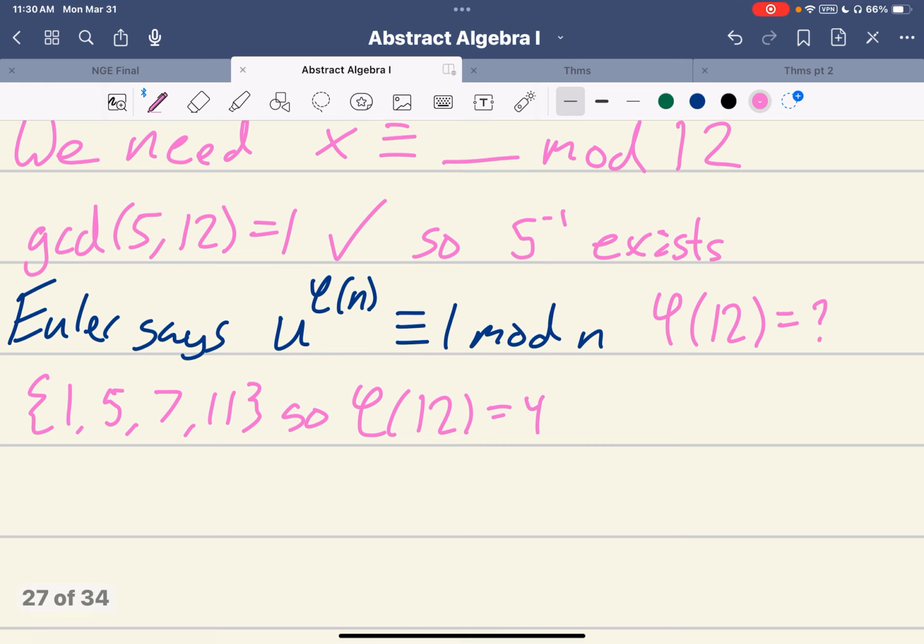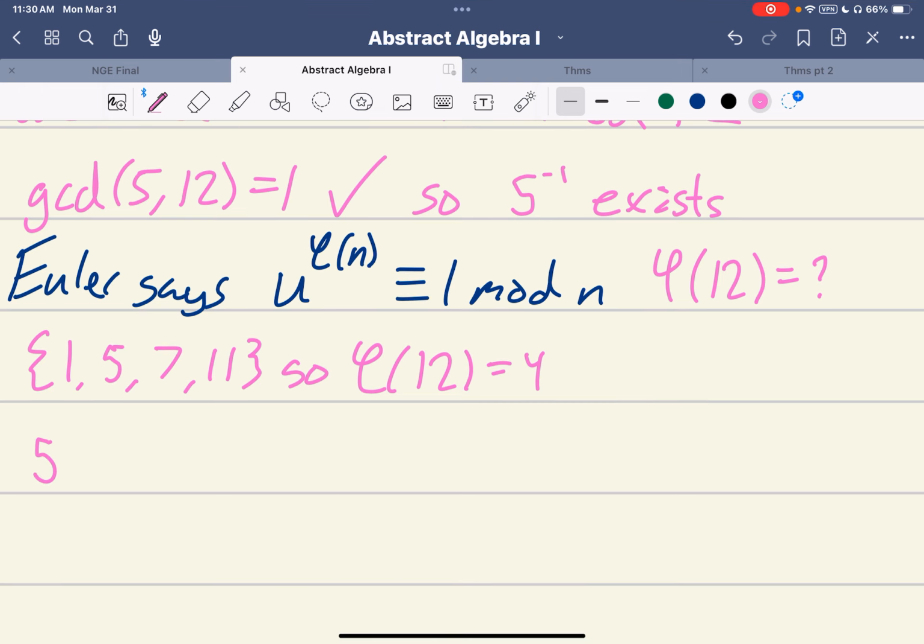So for this instance, we're going to take our u, which is 5. We're going to raise it to the fourth power. We know that this is equivalent to 1 mod 12. We can double check this. I guess I could do that for you real quick. 5 to the fourth power is 125 times 5, which is 625. And then if we divide that, or let's just see what that times 12 is.